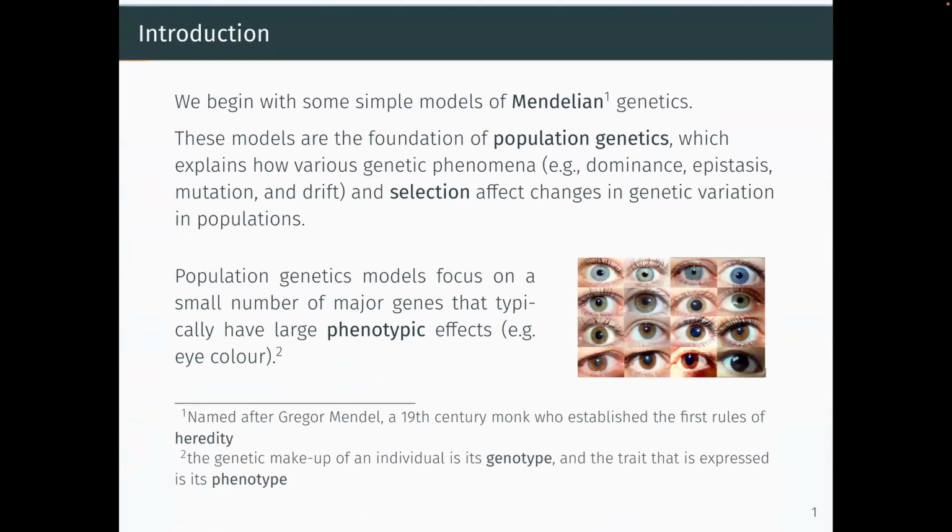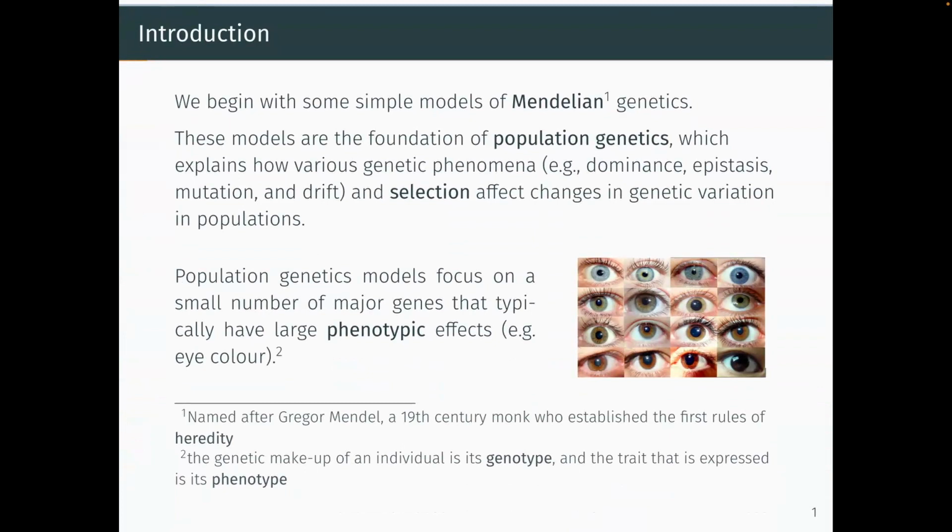called population genetics. And these models of population genetics are all about trying to understand how key genetic related phenomena, things like dominance, epistasis. You might not be familiar with these terms, and that's totally fine.